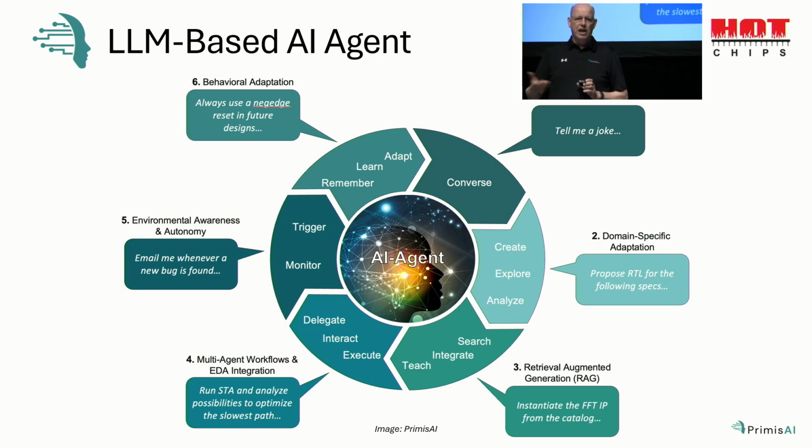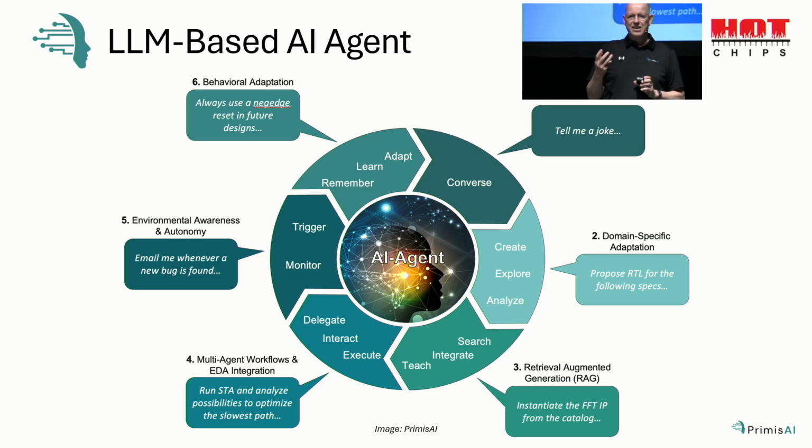Like a human being, you observe your environment and you may not do anything for a long time until you pick up on something, and then you go, oh, wait a minute, I need to take action. So you can ask your AI agent, whenever a new bug is found, I'd like you to send me an email.